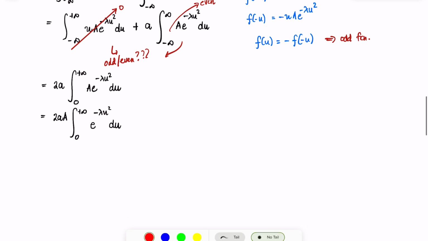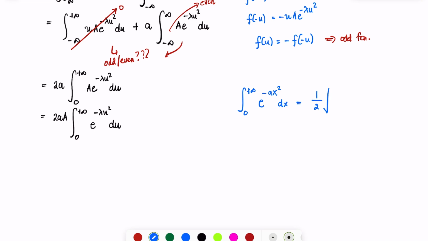And again, this integral over here should ring a bell. This is a Gaussian integral of this form. The integral from 0 to positive infinity of e to the negative a x squared dx, where a is just a constant with respect to x. And that integral is actually simply equal to 1/2 of the square root of pi all over a.